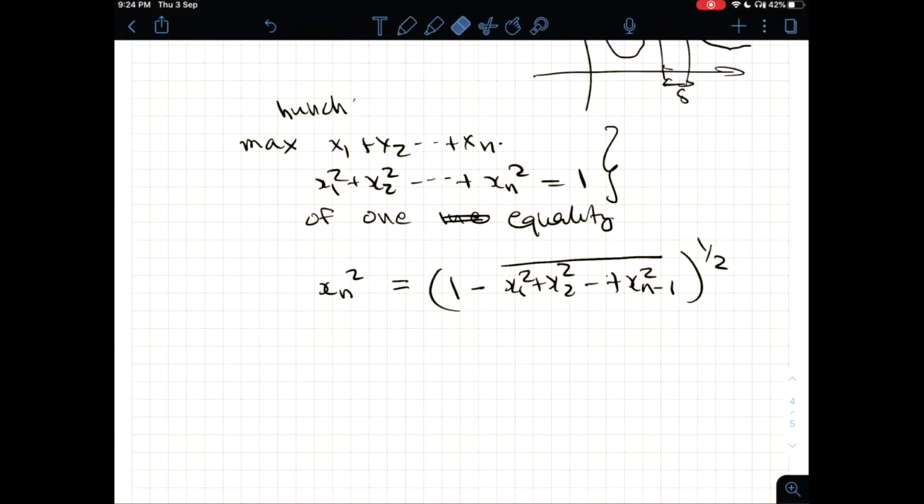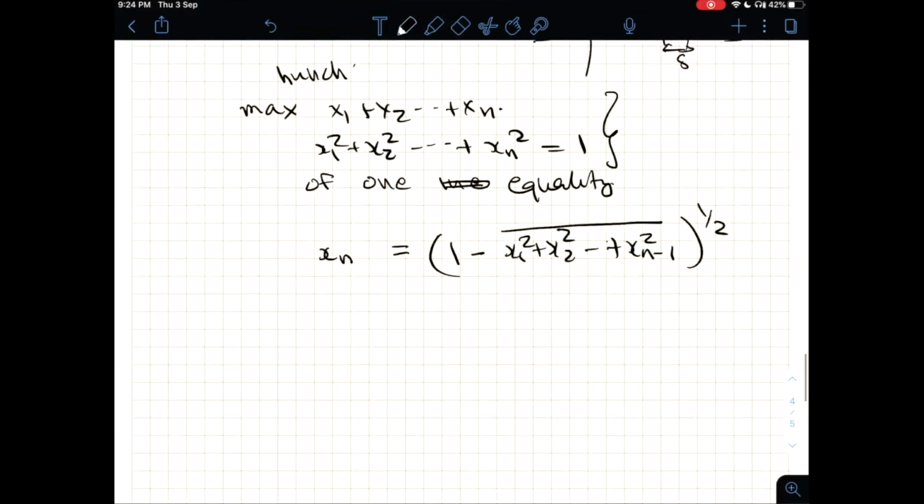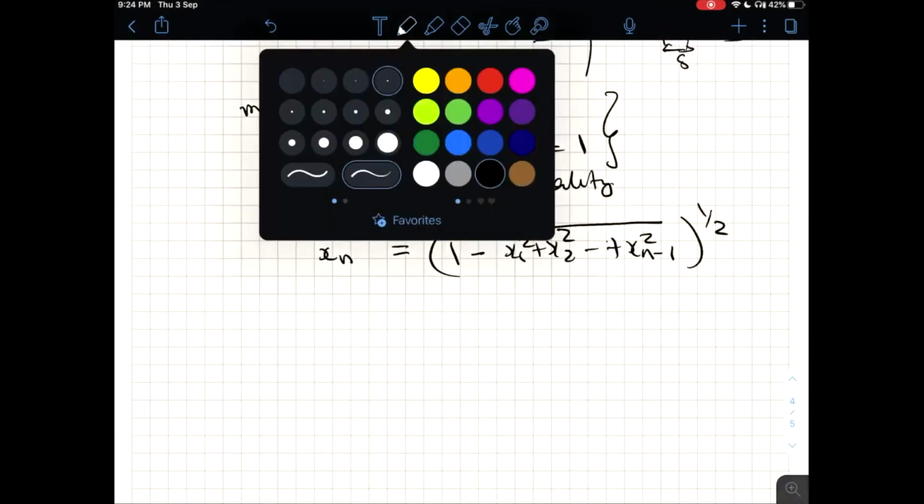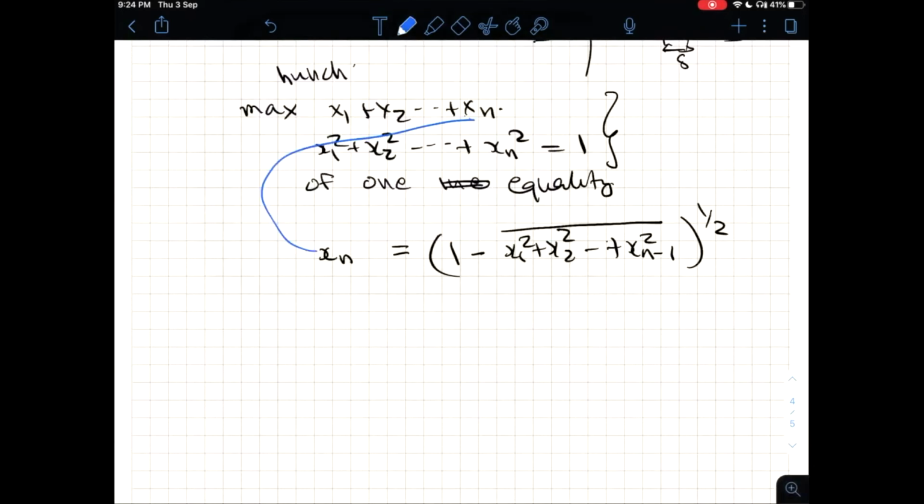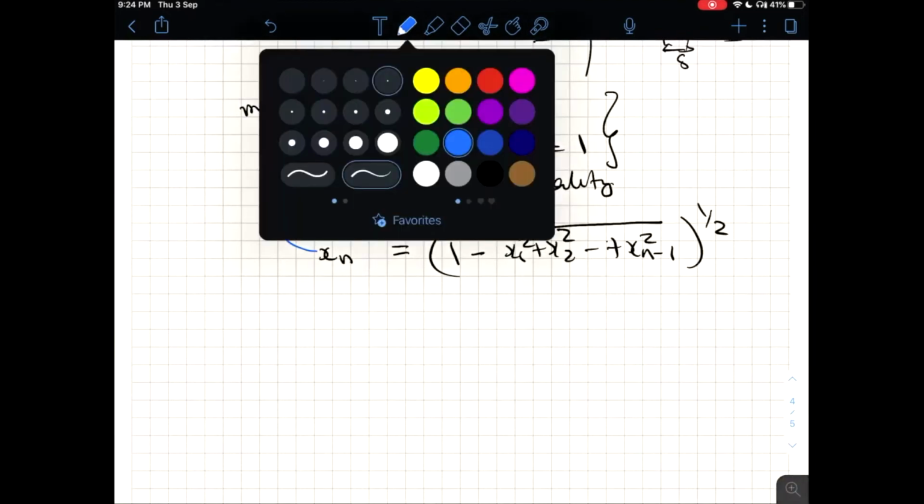So I am going to write xn as the square root of 1 minus x1 square plus x2 square up to xn minus 1 square, and substitute this in the objective function here.